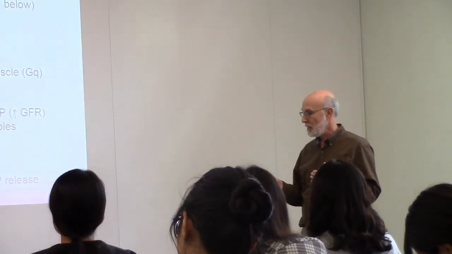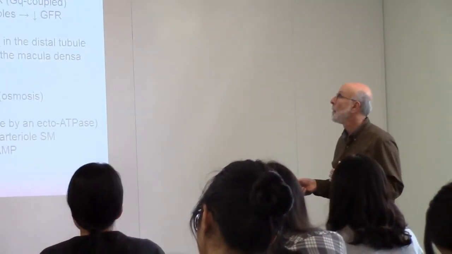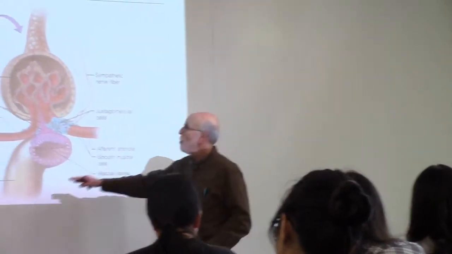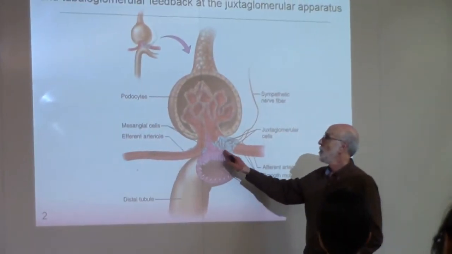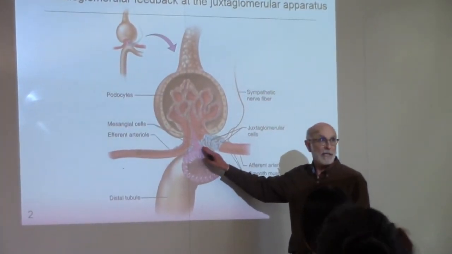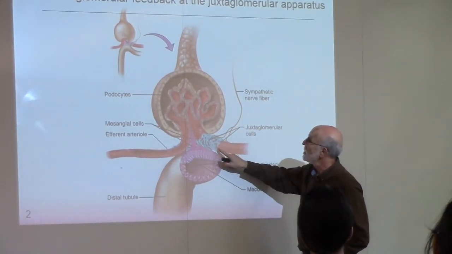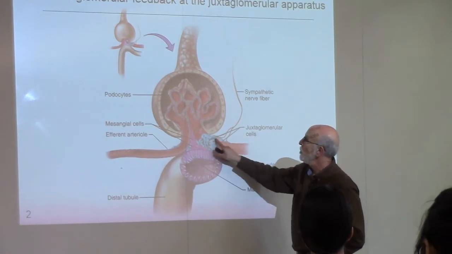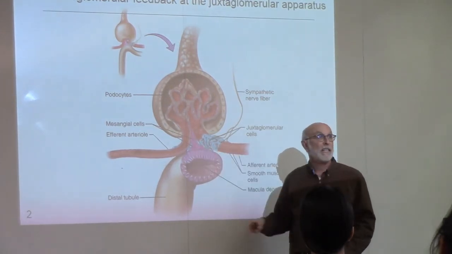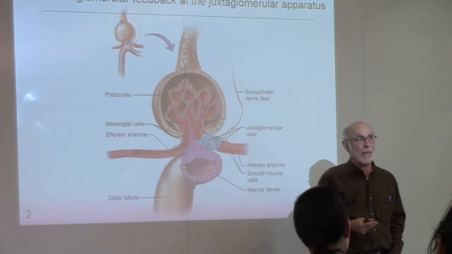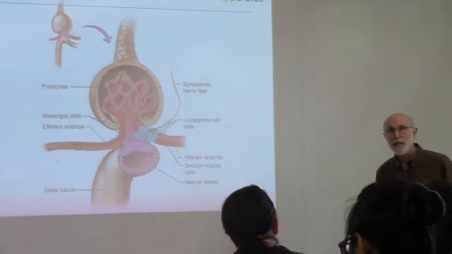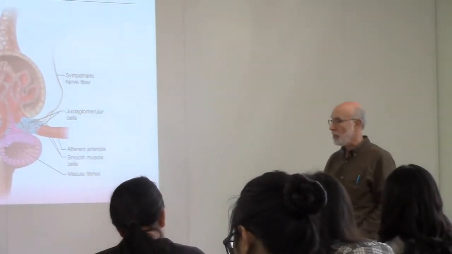So the point is, low flow, probable prostaglandin release here causes the juxtaglomerular cells, these blue and purple things here, to release renin. Okay, that is key. Renin release from juxtaglomerular cells.